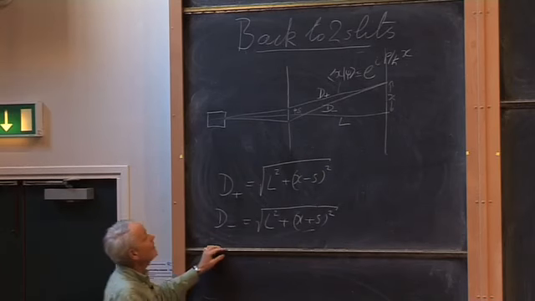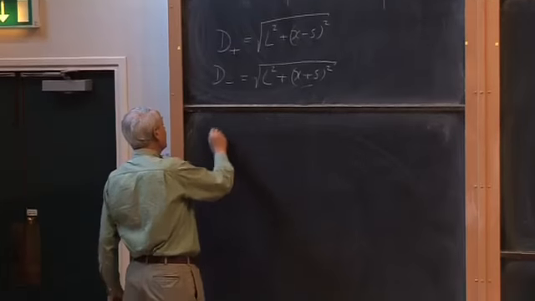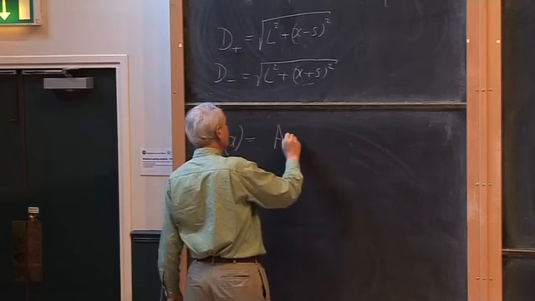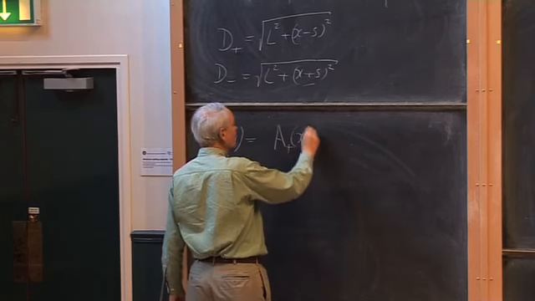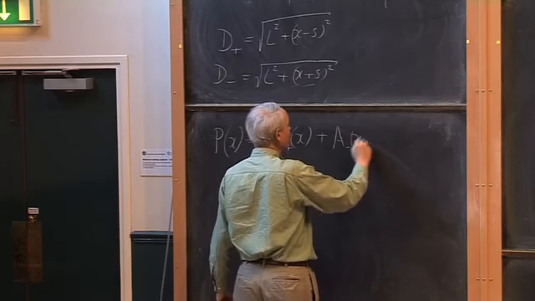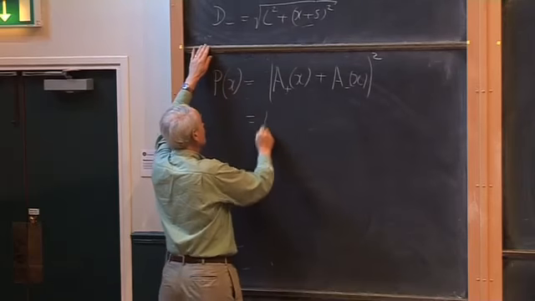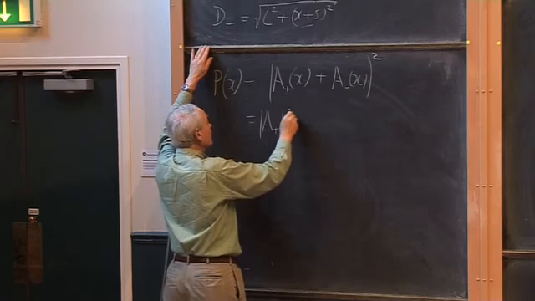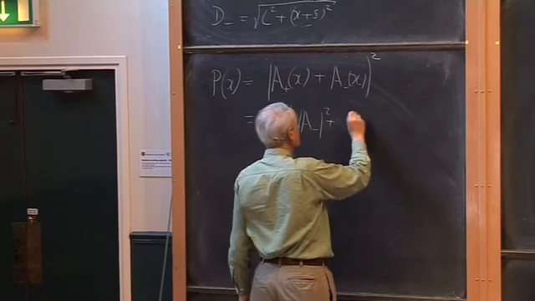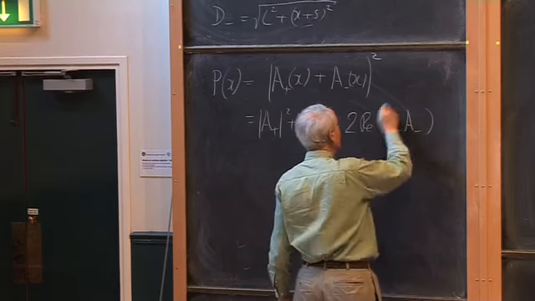So what will be the difference? The probability to arrive at x, as you recalled, was equal to the amplitude to arrive by the top slot plus the amplitude to arrive at the bottom slot, mod squared, and the argument that this was mod A plus squared plus mod A minus squared plus twice the real part of A plus A minus star.